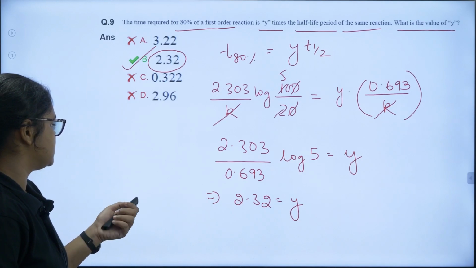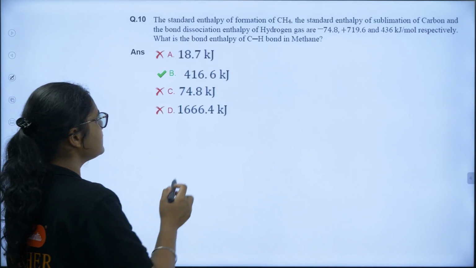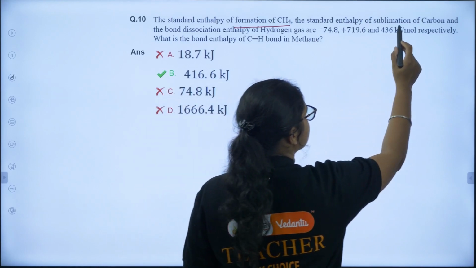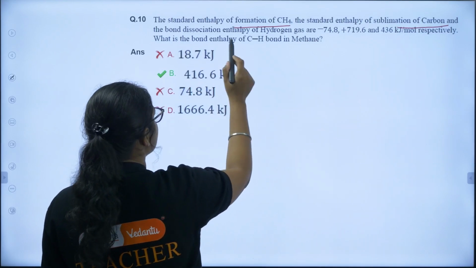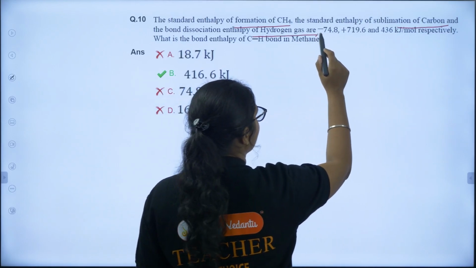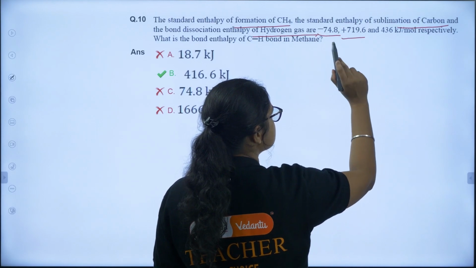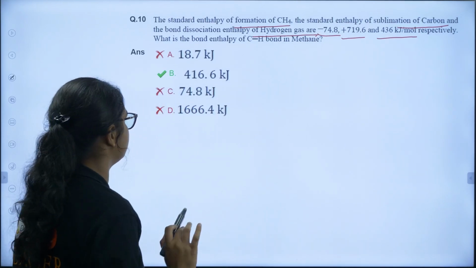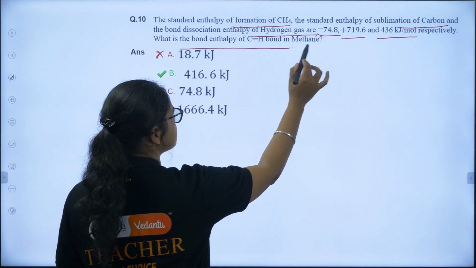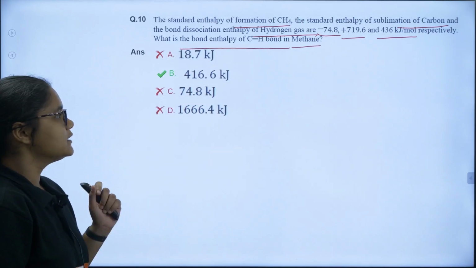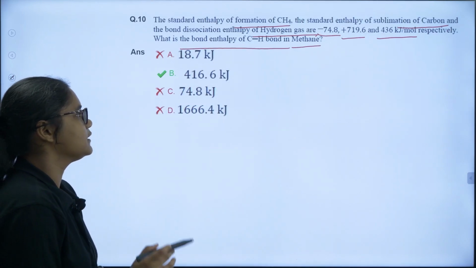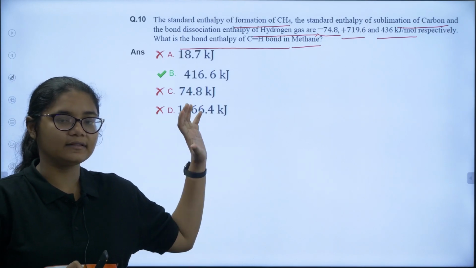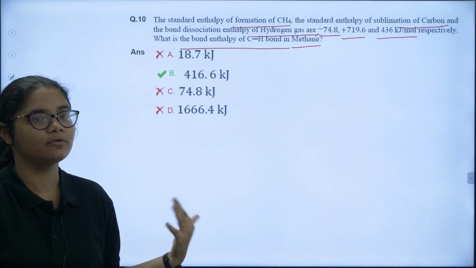Okay, next question. The standard enthalpy of formation of CH4, standard enthalpy of sublimation of carbon and the bond dissociation enthalpy of hydrogen are minus 74.8, plus 719.6 and 436 kilojoule per mole respectively. What is the bond enthalpy of CH bond in methane? Okay, so this question is also a very good question. So first, whatever enthalpies are given, you must write in the form of reactions.